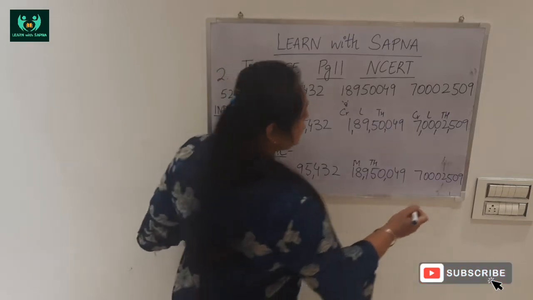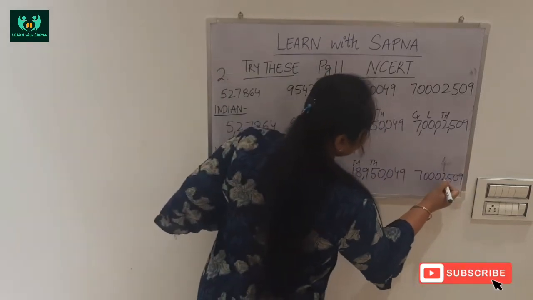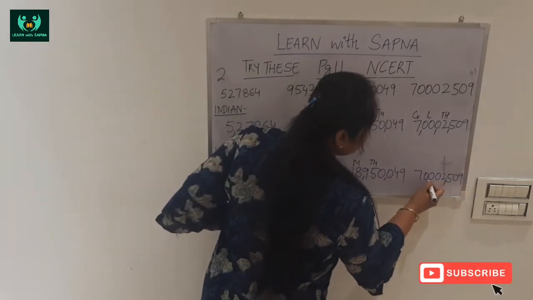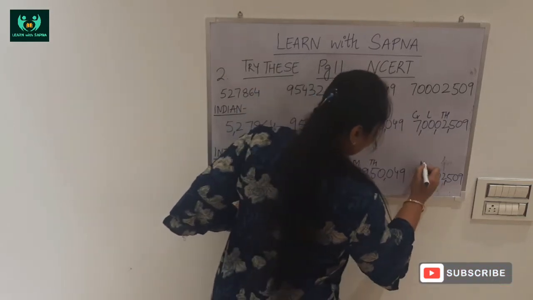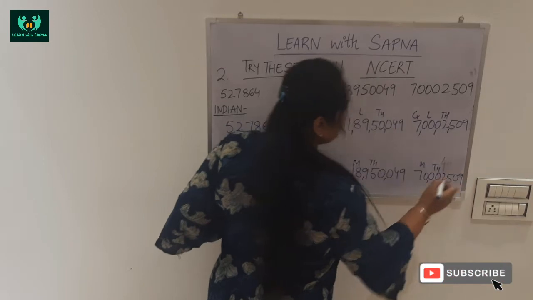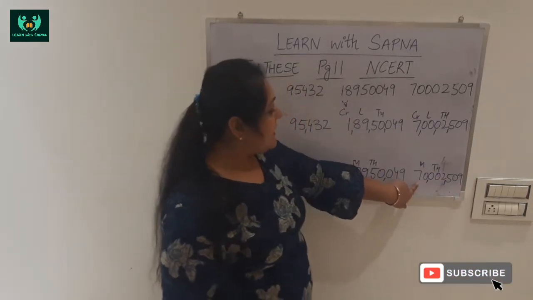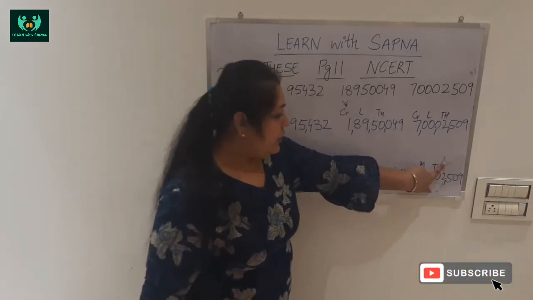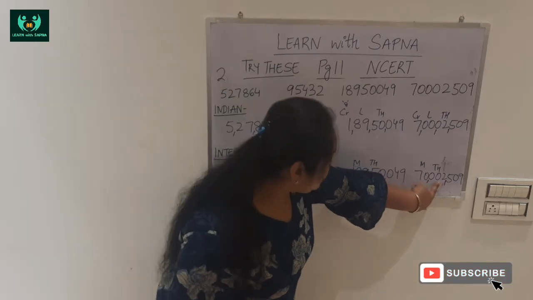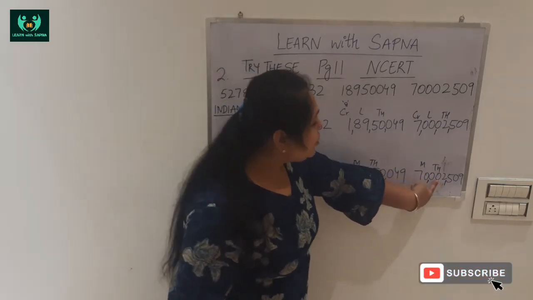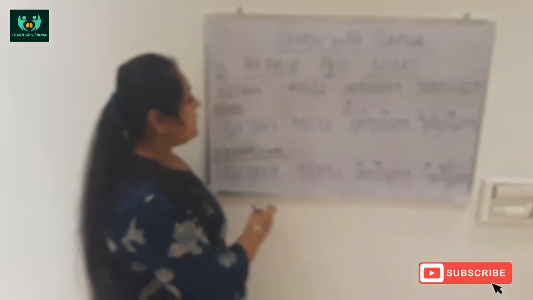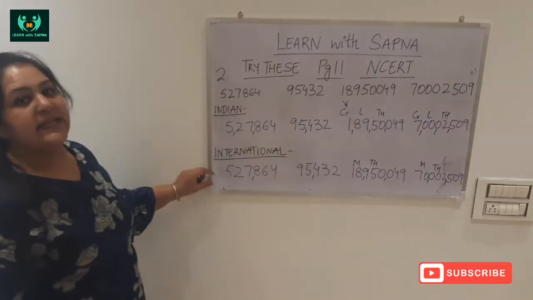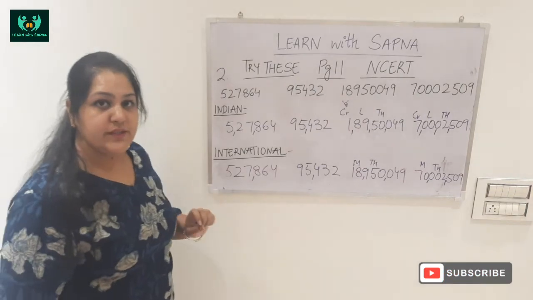In this case, ones, tens, 100, comma, 1,000, 10,000, 100,000, comma, million and 10 million. So this becomes million. This is for 1,000. These are the rest 3. So how do we read this one? 70 million, no thousands. Okay, we have 2,000. 70 million, 2,509. So this is the difference between the Indian and international systems of notation.